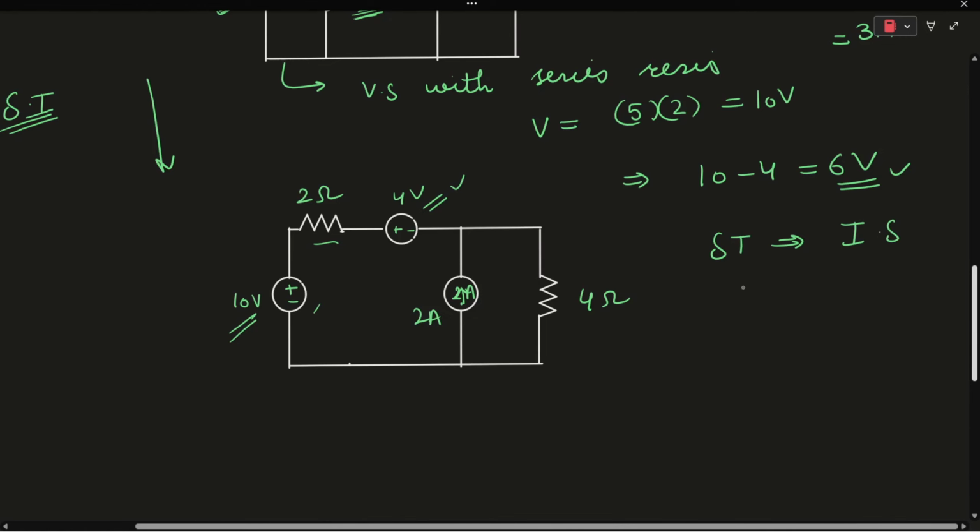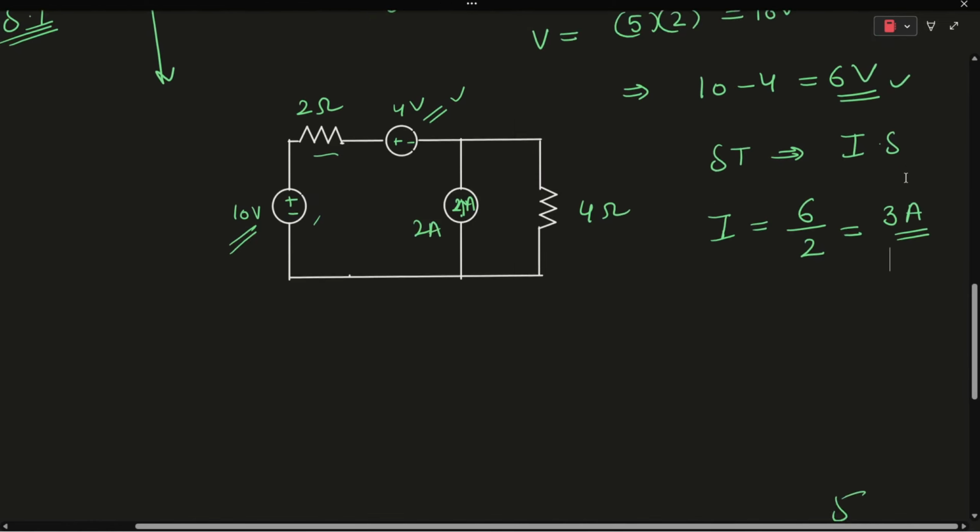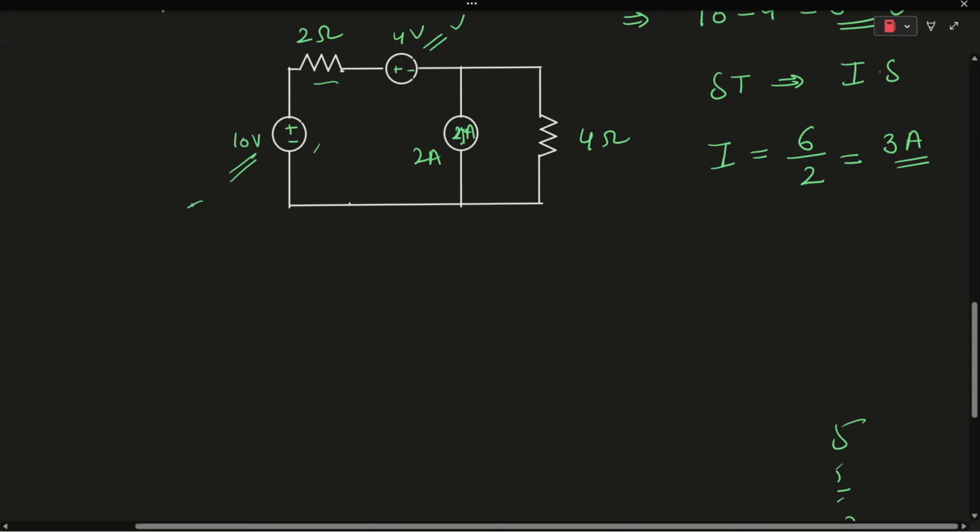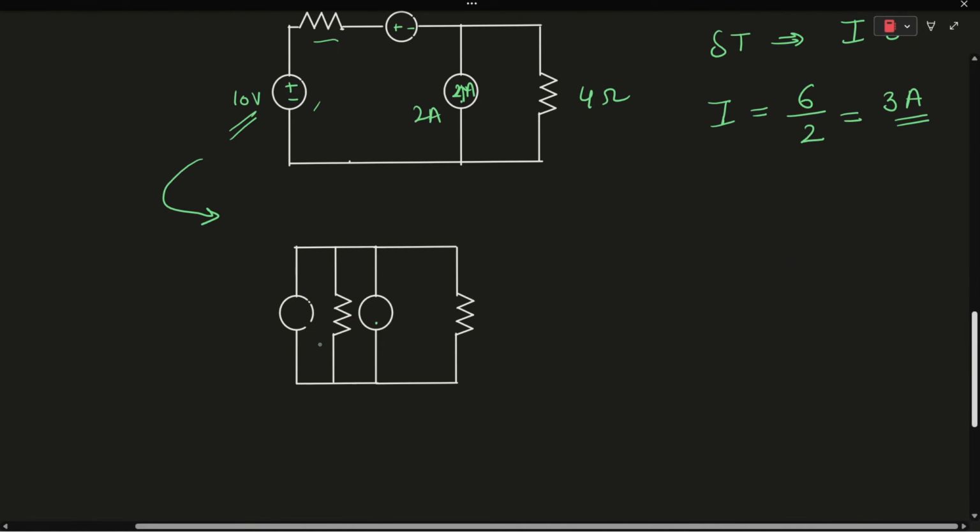The value of the current I will be equal to the net voltage, 6 volts, divided by the resistance, which is 2, so I will be equal to 3 amperes. So this will be the simplified version of this electrical circuit.